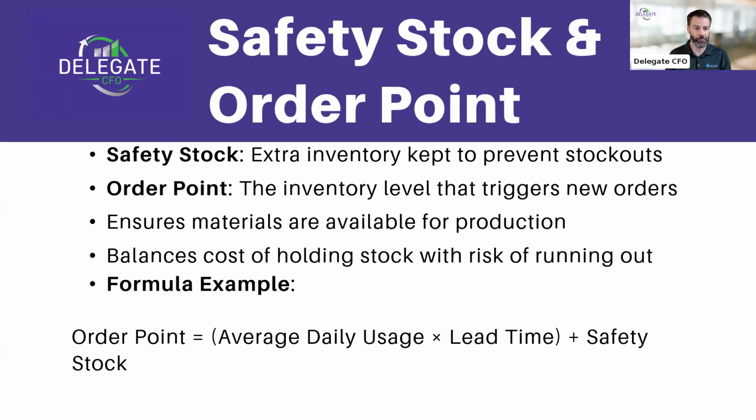On safety stock, this is kind of the first formula that you have to do. Think back to your algebra class. Safety stock really is taking your maximum daily usage, so the best case scenario of how many products you're selling per day, times the maximum lead time. So that is the most sales and the longest lead time.